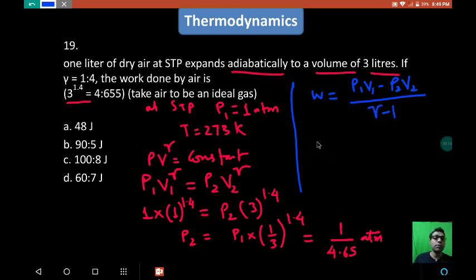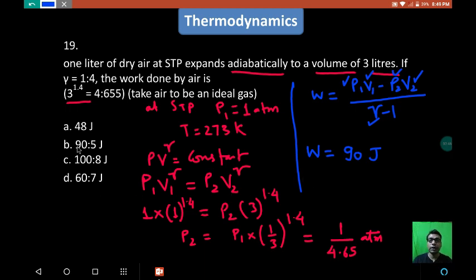We just plug in the values as we know P1 as 1, V1 as 1 liter, P2 as 1 upon 4.65, V2 as 3, gamma as given 1.4, and we get the value as approximately 90 joules. So this is the approximate value which we are getting, 90 joules.